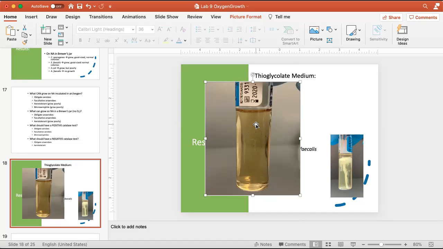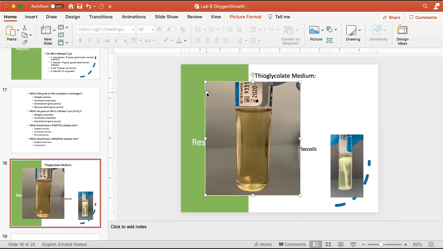We expect Clostridium, like we just said, to grow way at the bottom. But we didn't get much growth, did we? This right here, that's how much we got. We got a little clump. When I say a lot of growth, I would expect this whole bottom region to be full of this cream colored, whitish yellow material. But instead, I just got a little clump growing.